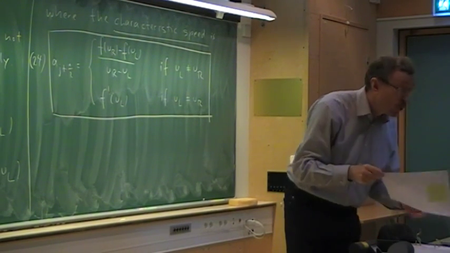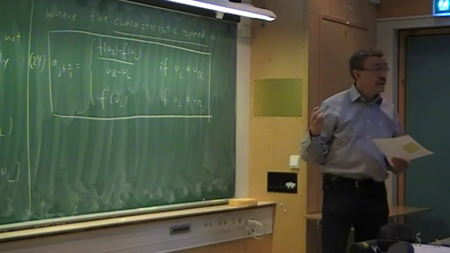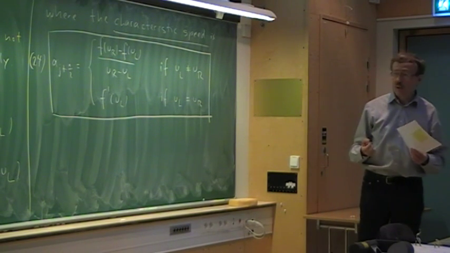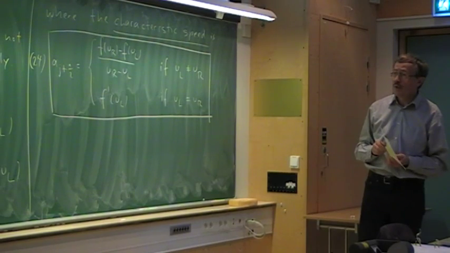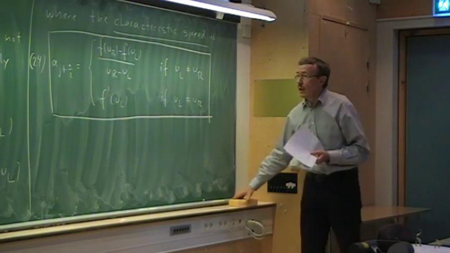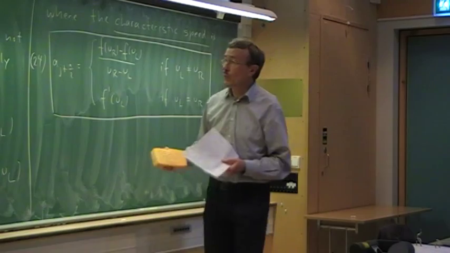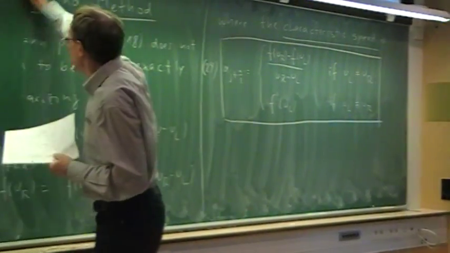So now we want to know what this will yield for the inviscid Burgers equation. That is our favorite example. So we check that and see which scheme we will get for that.